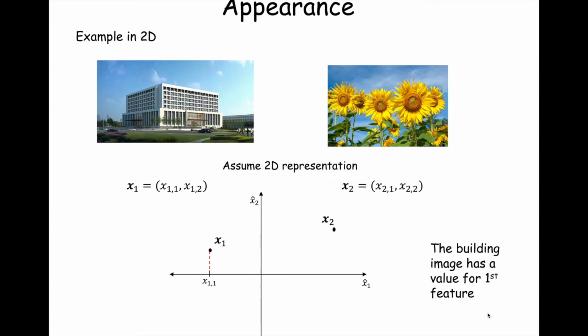And so if we plot them in feature space, well, if we look at the component along the first feature axis here for x1, that would be x11, right? So that's what that first feature means when you represent it in feature space. Likewise, the projection of this x1 vector, its second component, the second feature, is going to be represented as x12, and that's going to be the projection along that second feature axis.